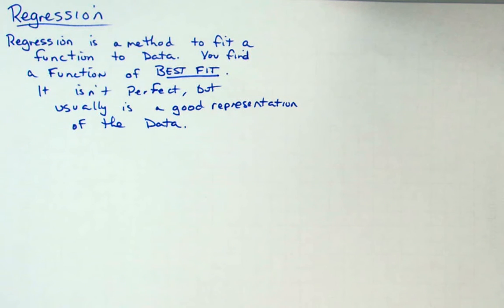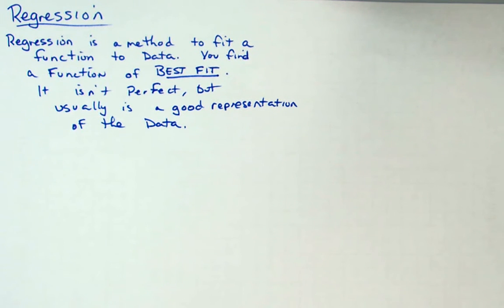Now, regression is a method to fit a function of some kind, whether it be quadratic, cubic, exponential, logarithmic, linear, anything like that, to a set of data, because we start to see a pattern in that data. One of our ultimate goals is to be able to extrapolate future information from data, or even past information from data based on what we have.